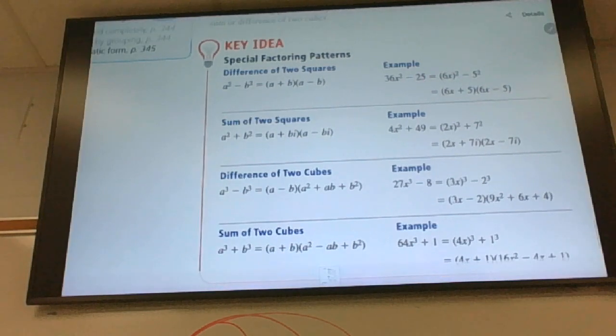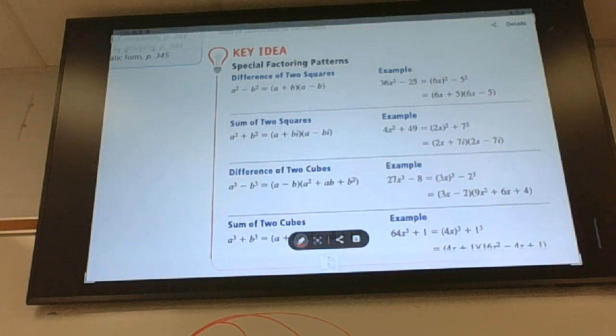The sum of two squares I never test on in algebra 2, so I'm just going to cross that out. I don't have you factor with i. That's really beyond the scope of what we need here. So when I look at this, these are patterns you should know.